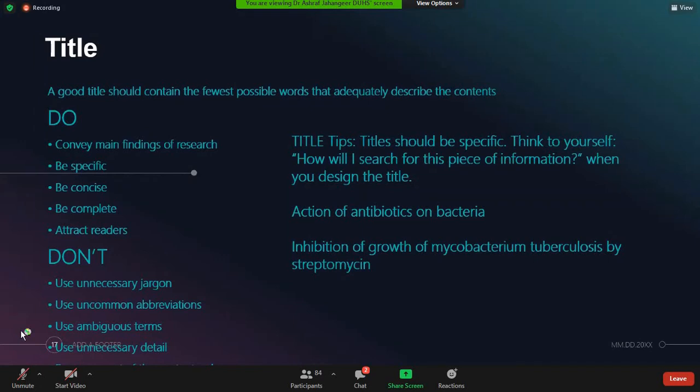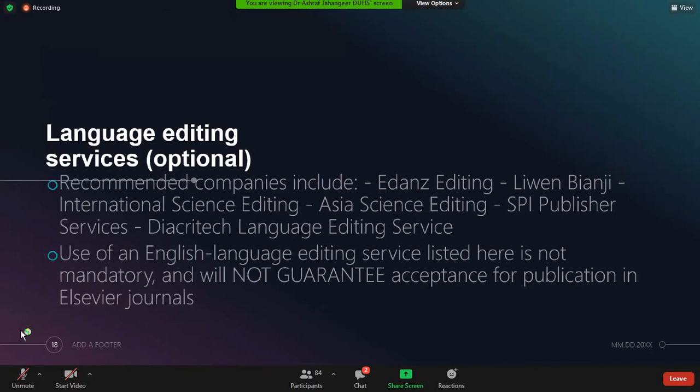Interestingly, not only for us, the people who are not native English speakers, but for the overall scientific community and medical community, there are language editing services.